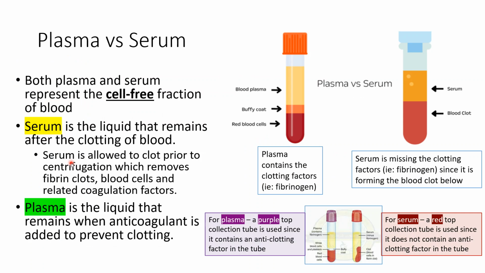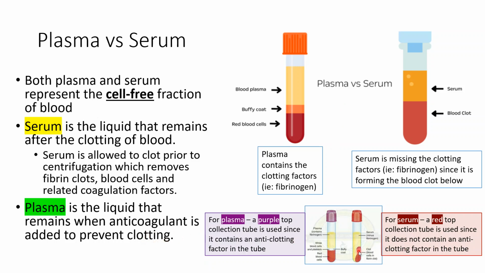Serum is after all of the clotting mechanisms have been removed. So basically, after the fibrinogen is gone. So plasma contains everything. Serum is missing the fibrinogen. It's basically everything but fibrinogen. So again, that's really the only difference there.